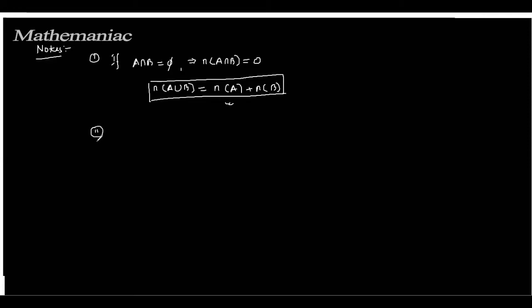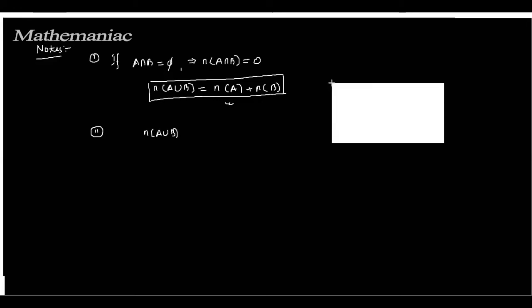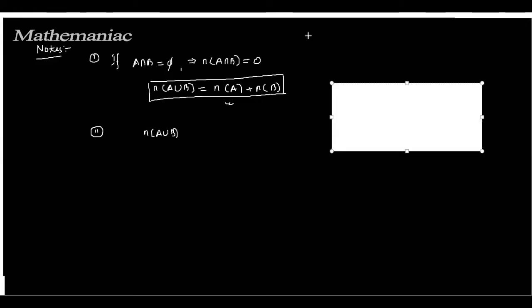Note number 2. N of A union B, if you look at that figure, the figure we used for the cardinality proof. Anyway, I'm going to redraw the figure again so that you can visualize these things here only, so that it will not create problem for understanding.